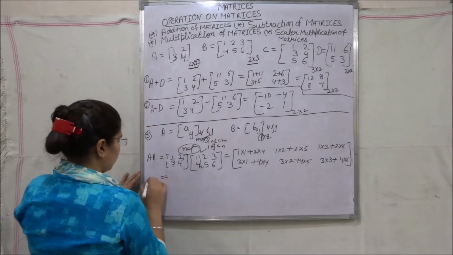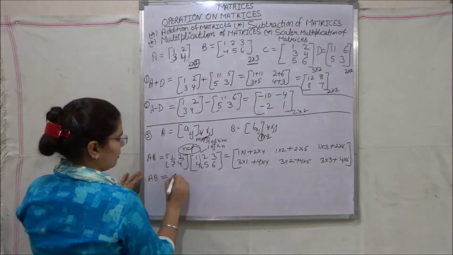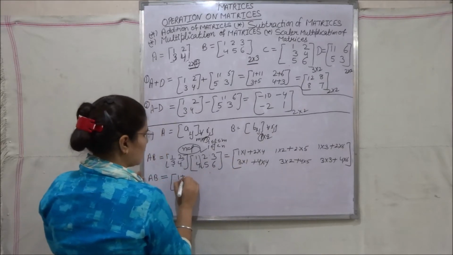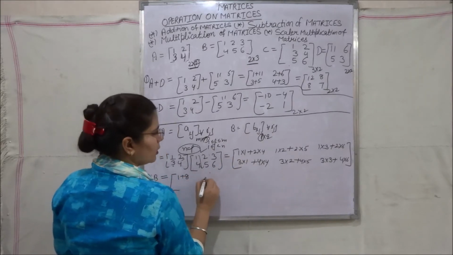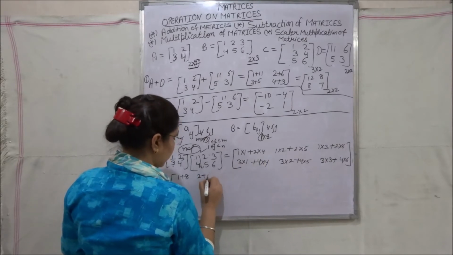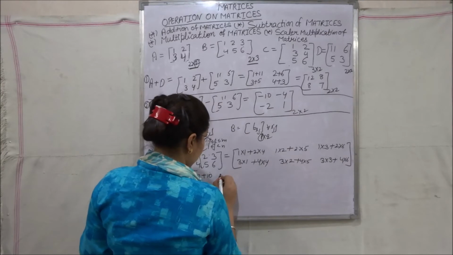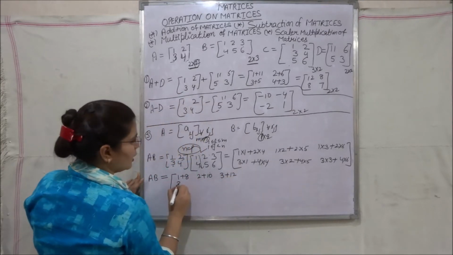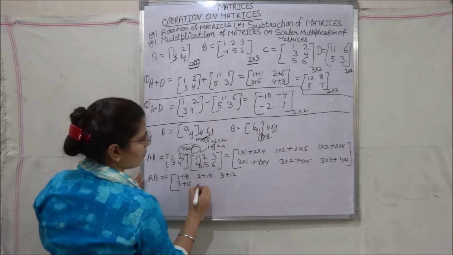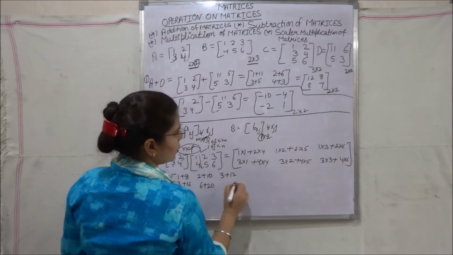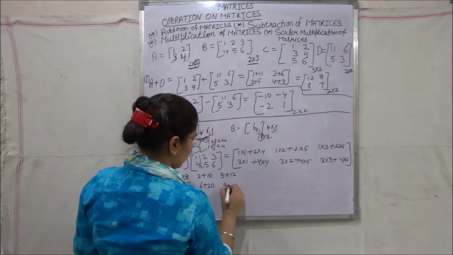So the multiplication AB matrix will be 1 into 1, 1 plus 4 into 2 is 8; 2 multiplied by 1 is 2 plus 10; 3 plus 12; 3 plus 16; 6 plus 20; 9 plus 24.